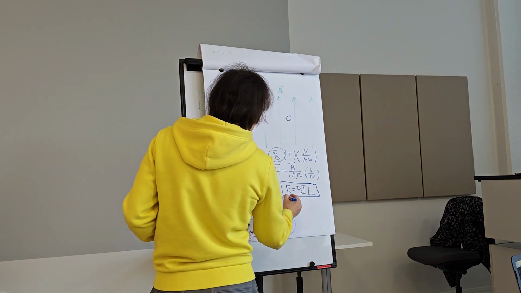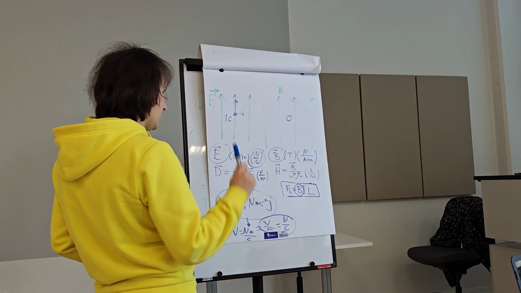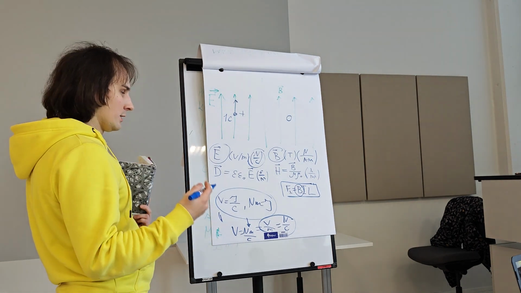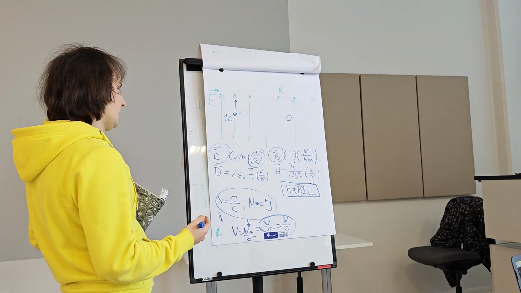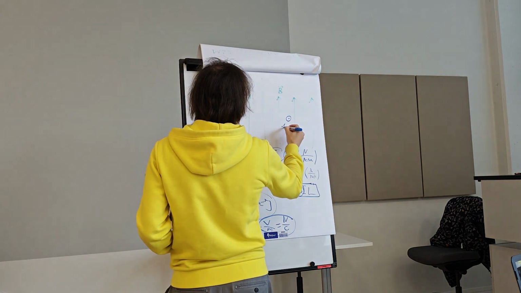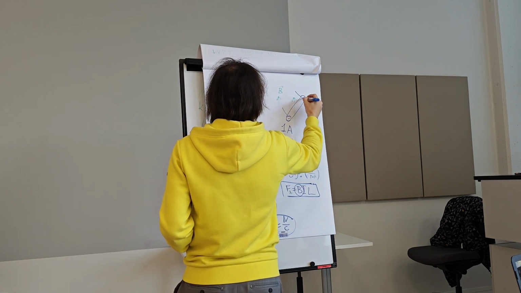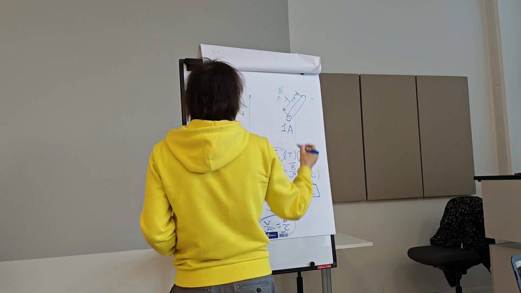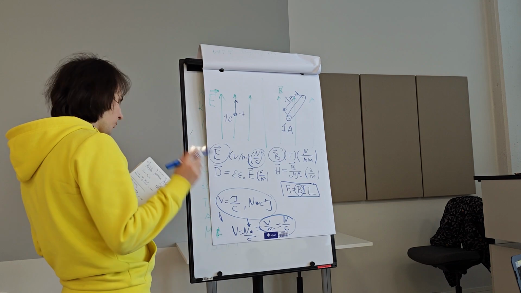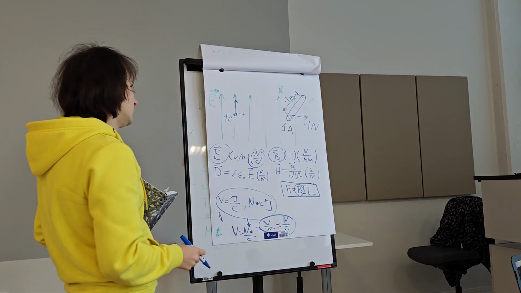And what is actually magnetic field of 1 Tesla? This is magnetic field of such a strength that if we put the conductor with 1 ampere flowing inside of it, and this conductor has the length of 1 meter, then the force of 1 Newton acts on this conductor.